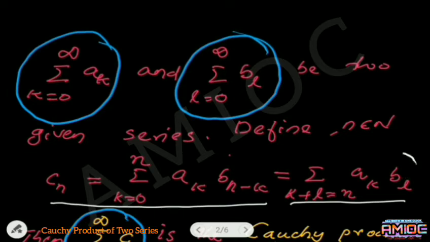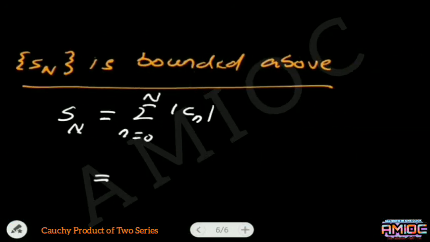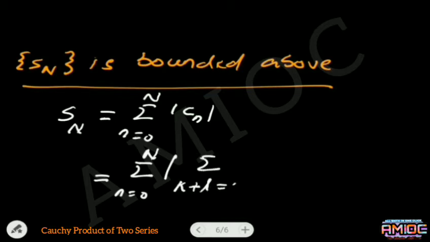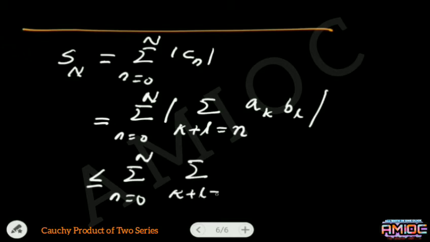I am using this statement. Summation n equal to 0 to n of mod Cn is replaced by modulus of summation k plus l equal to n of ak bl, which is less than or equal to summation n equal to 0 to n of summation k plus l equal to n of mod ak bl.